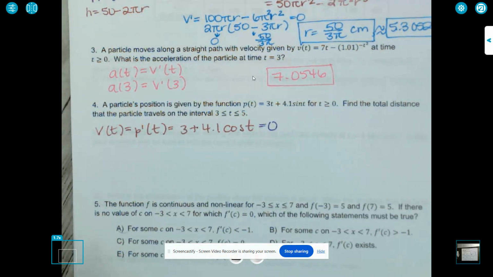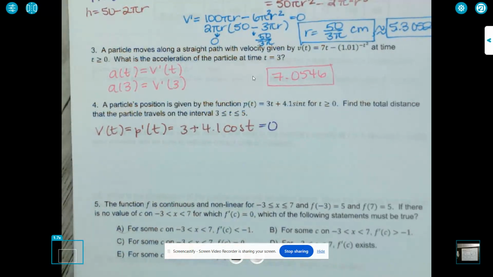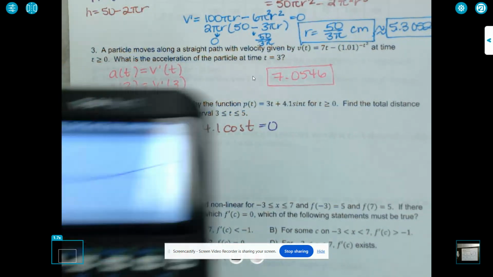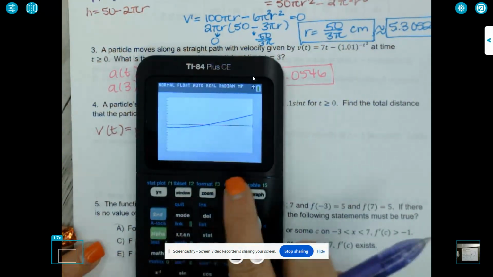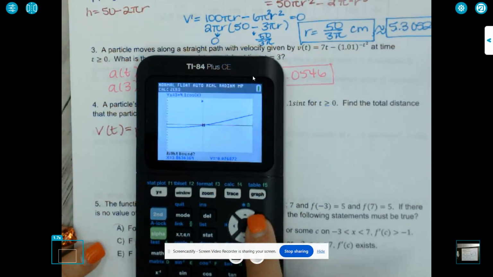Okay, and whenever I graph this initially, you'll just see a whole bunch of stuff on there. I'm going to change my window because it tells me that we're between 3 and 5, so I'm going to make my window from 3 to 5. Okay, and then you'll see that 0, so we're going to second trace. We want to find the 0 there, on the left, on the right, and in the middle.